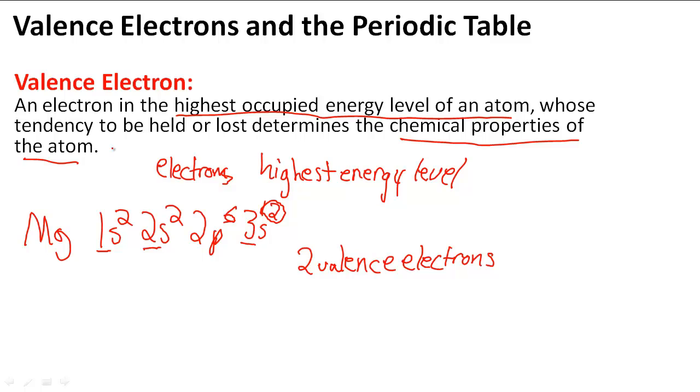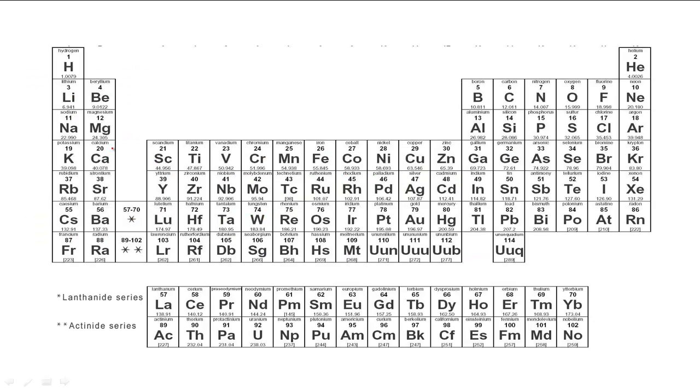Here we have the periodic table, and I'm going to label the group numbers: 1A, 2A, 3A, 4A, 5A, 6A, 7A, 8A. These tell you the number of valence electrons as well.